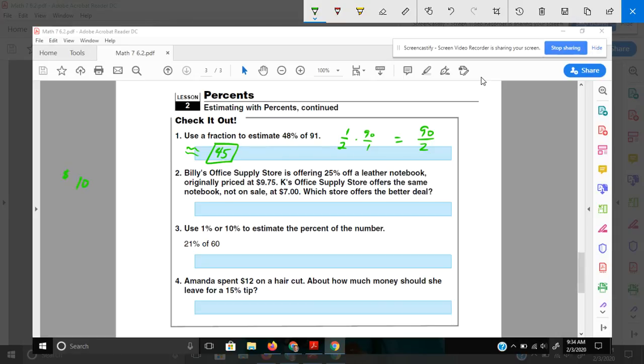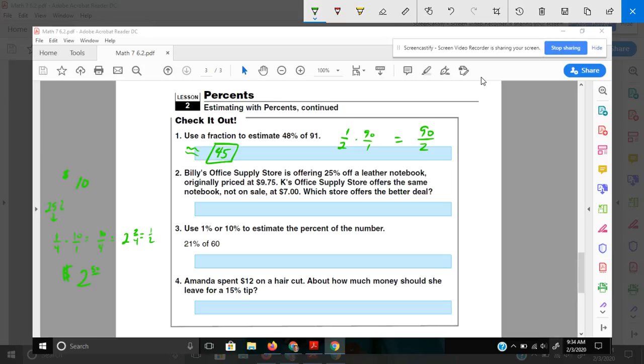And 25% off, so that means we're looking for what is 25% of 10. Well, remember, 25% is the same as a quarter. Quarter times 10 over 1 would give us 10 fourths, which would be 2. 4 goes into 10 2 whole times, and there's 2 fourths left over. 2 fourths is the same as a half. If we're talking about money, that would be $2.50.